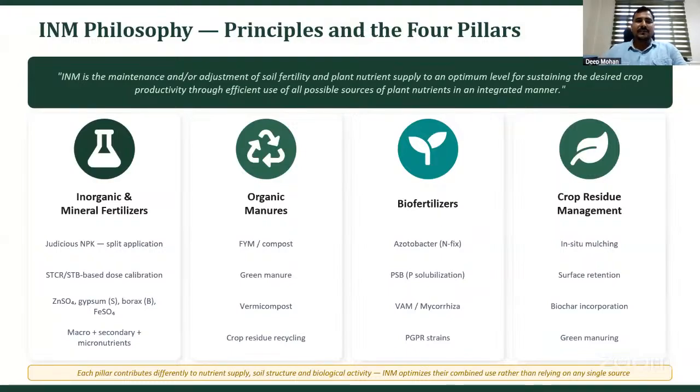Coming to INM. INM is integrated nutrient management. First, the definition. INM is the maintenance or adjustment of soil fertility and plant nutrient supply to an optimum level for sustaining the desired crop productivity through efficient use of all possible sources of plant nutrients in an integrated manner.